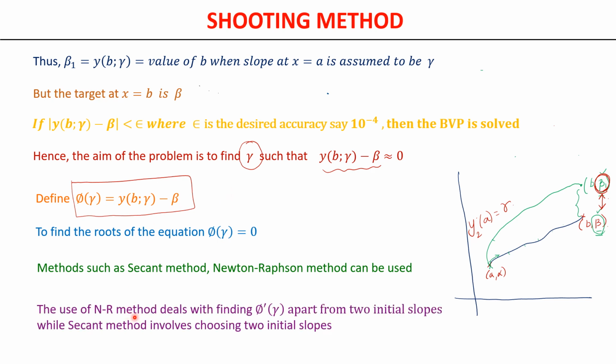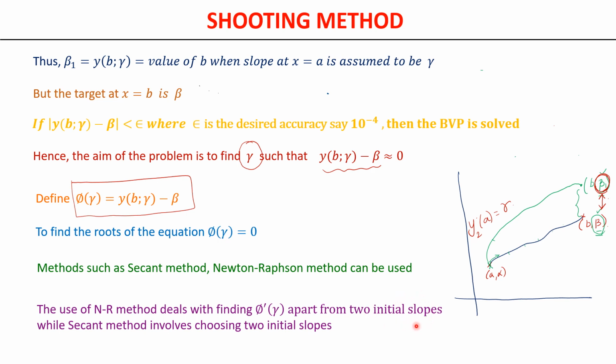Now, out of the two methods, the NR method, if you remember the algorithm, deals with finding the derivative of phi of gamma. As such, the problem is quite lengthy: finding the derivative and then defining two slopes. As I told you earlier, we are not going to stick with one slope. We are going to take another slope and do the problem.